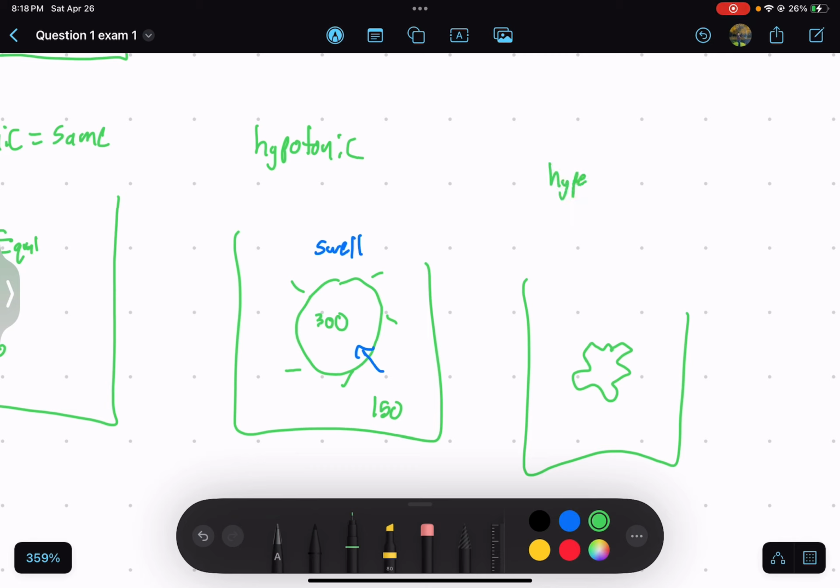Then we have a hypertonic solution, which is when you're going to have a higher osmolarity and osmosis occurring outside the cell. So the water is going to rush outside, causing the cell to shrivel or shrink.